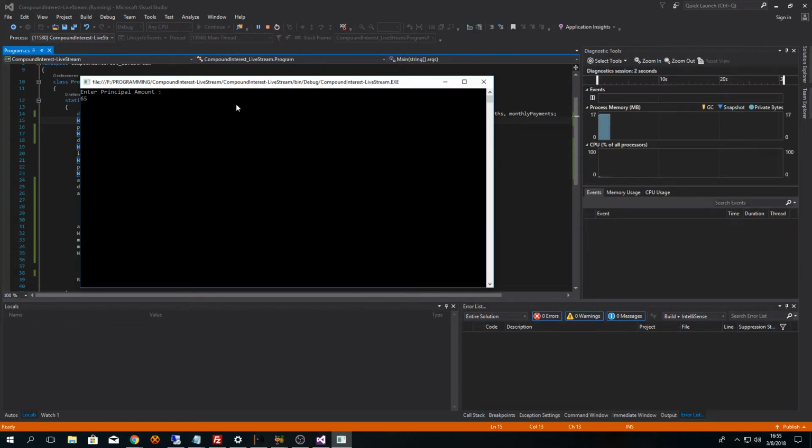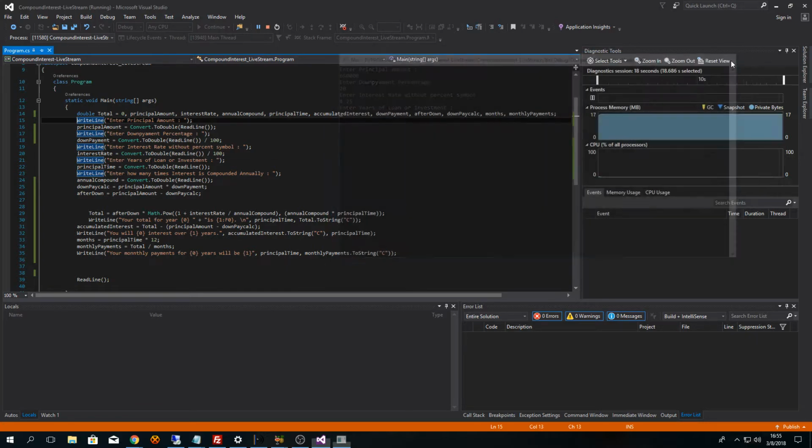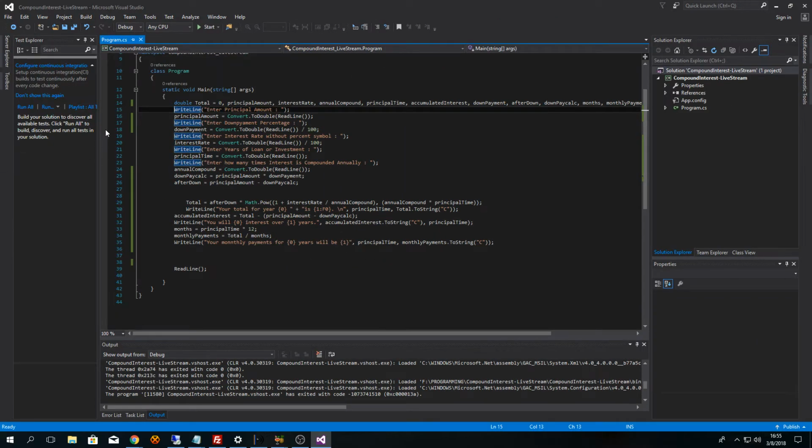So 650,000 enter, 20 enter, 4.25 enter. See, it worked fine. Maybe I just accidentally hit a goofy number or something. I don't know. But basically, when you click right here, it allows you to go line by line in executing your program.